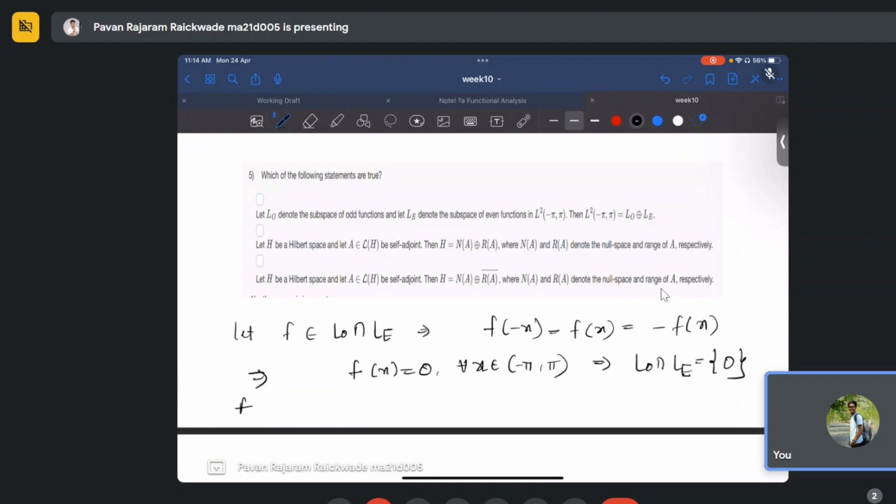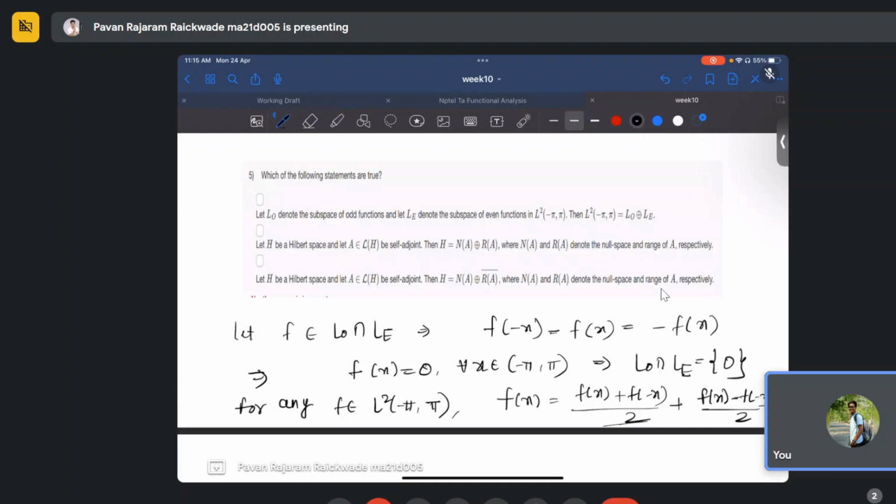And now for any f belonging to L2(-pi, pi), f(x) can be written as (f(x) + f(-x))/2 + (f(x) - f(-x))/2.